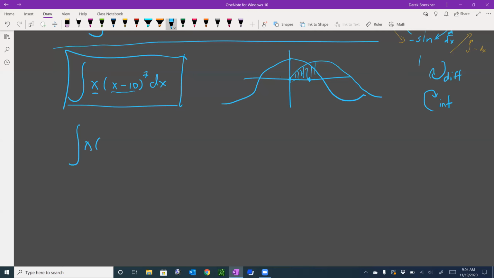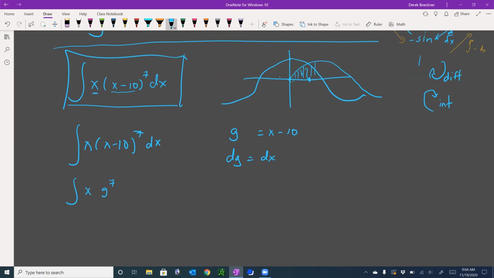So I got x minus 10 to the 7th dx. So you might initially think that if I set g of x equal to x minus 10, and I'm just going to call it g instead of g of x anymore, g equal to x minus 10, then dg equals just dx. And so my substitution ends up being, I've still got this x sticking around.